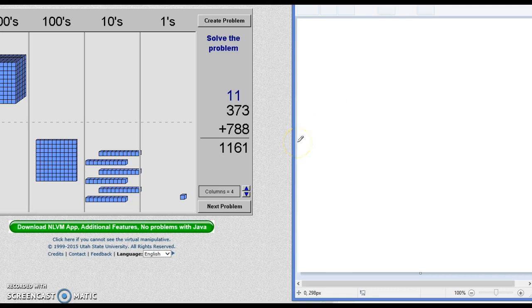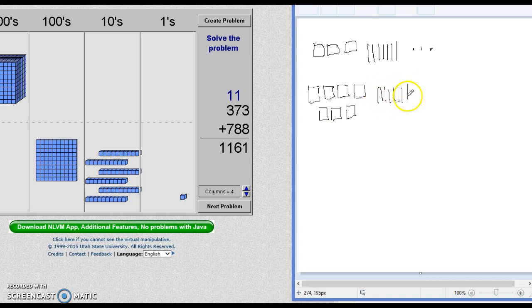Okay, so just very quickly, if I wanted to show this with base pieces, this would be 3 flats, 7 longs, 3 1s, and then I've got 7 flats, 8 longs, and 8 1s. So I can show the same thing.